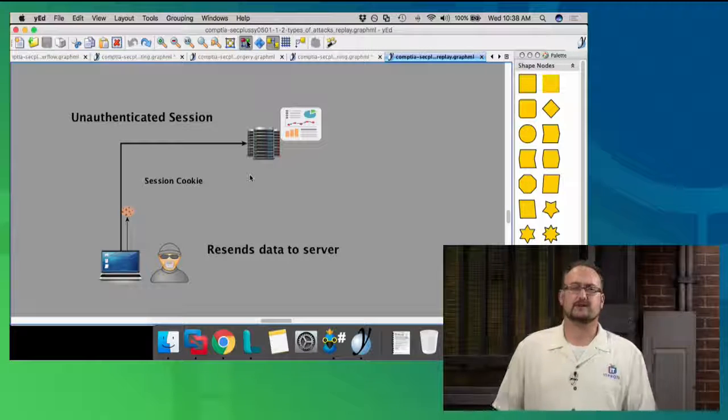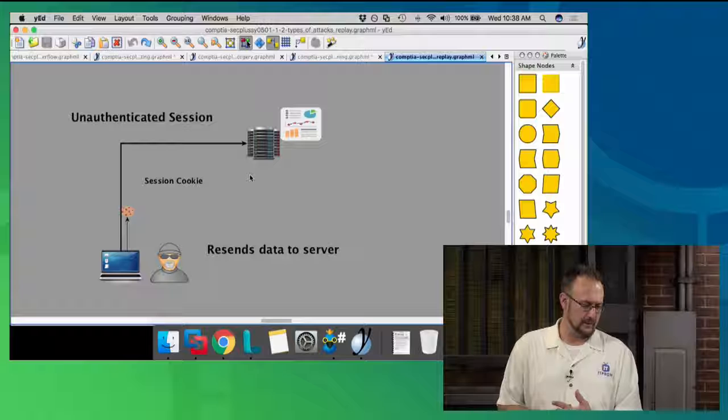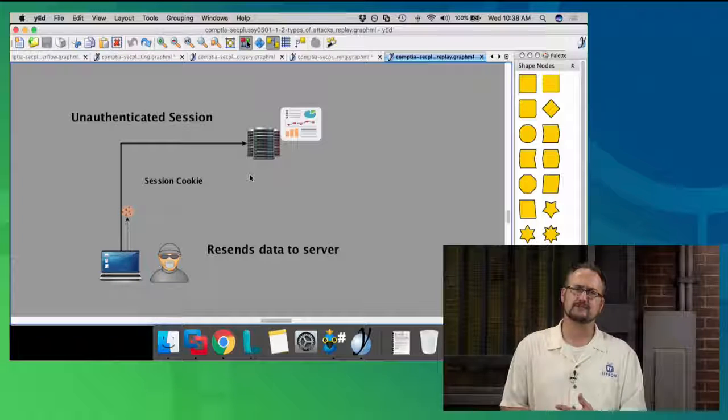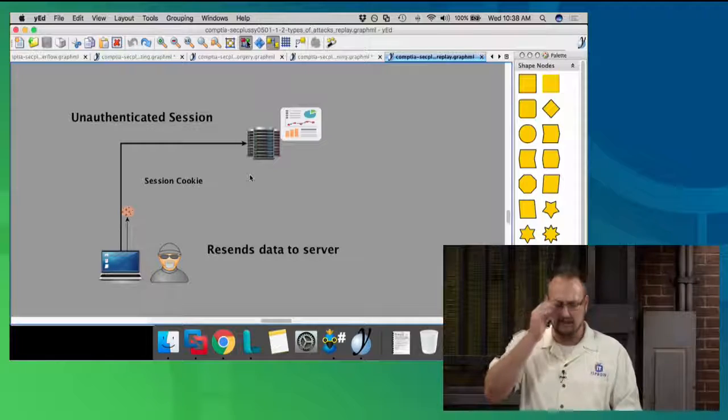Now, a couple of the other things that they call out here, too, I want to talk about. I don't really have a diagram for this one. This one is a newer attack, and this is the man-in-the-browser attack. See, with the man-in-the-middle attack, we can see the communications, right? We can see what's going on as we eavesdrop on them, but the man in the browser usually isn't a person, right?